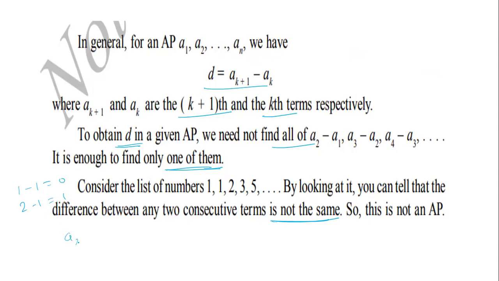Therefore, here A2 minus A1 is not equal to A3 minus A2. D is not the same. Common difference is not the same in all cases. So it is not an AP.